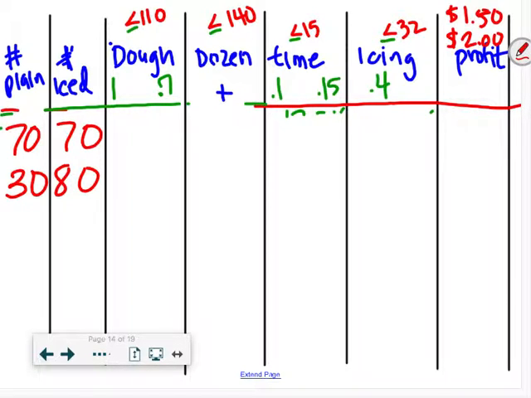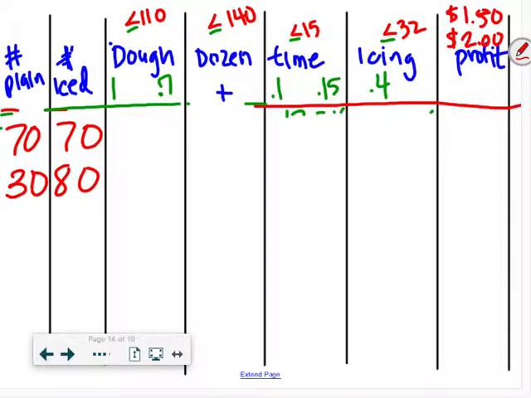So how many of you are confident right now that you could test 70 and 70 all the way across this table and determine if this combination was possible for 110 pounds of dough?